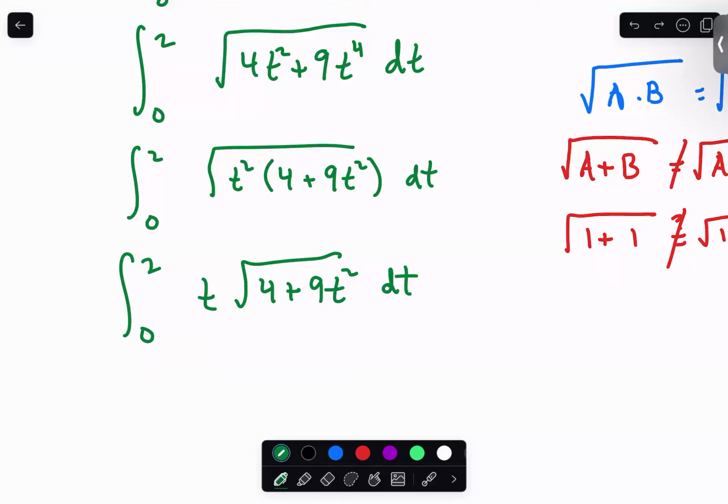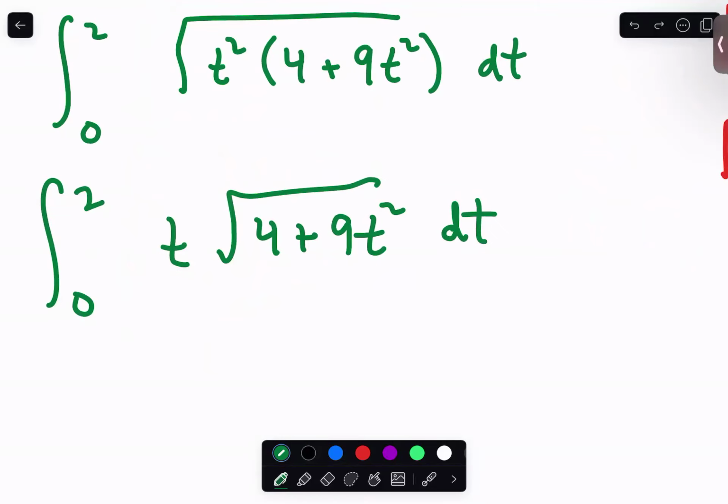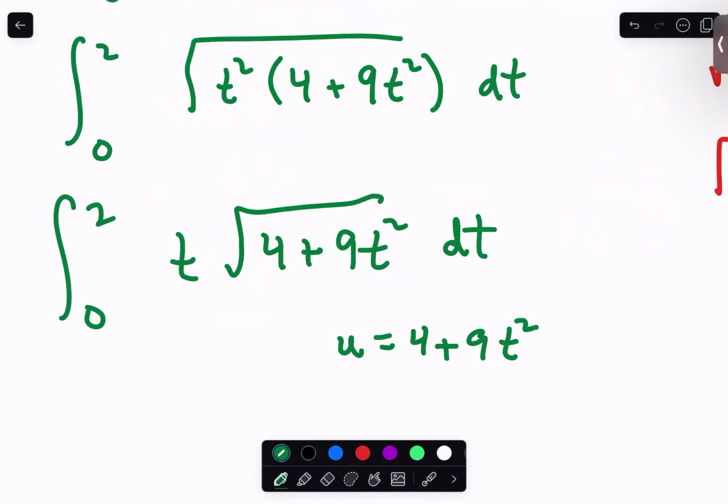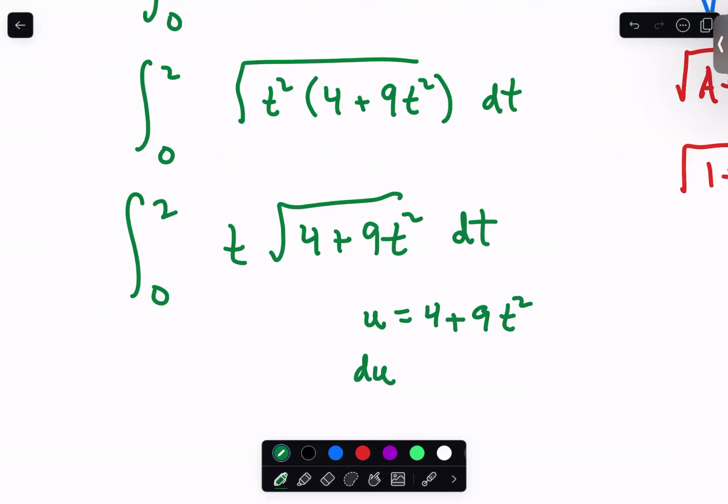So u substitution, certainly fair game in this class. If u is equal to this inside function here, inside of the square root, then when I calculate out du, I get 18t dt. And this gives me a lot of hope, right? Because I have this t dt to trade in here.